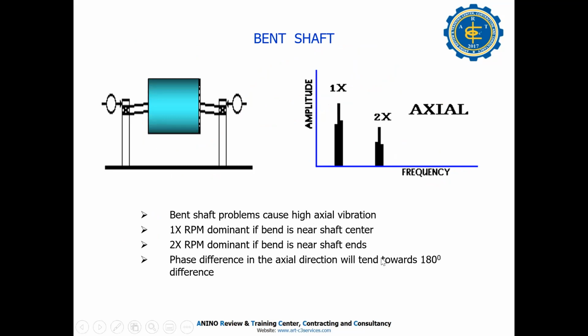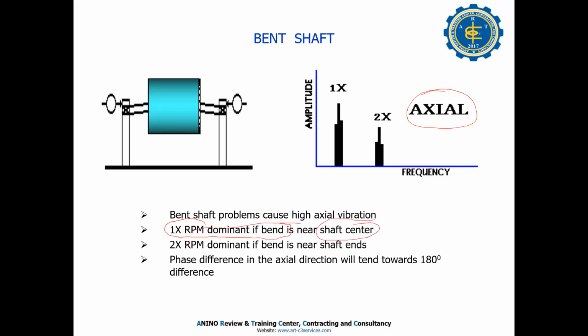Okay, so bent shaft. Bent shaft problems cause high axial vibration. One times RPM is dominant if the bend is near the shaft center.